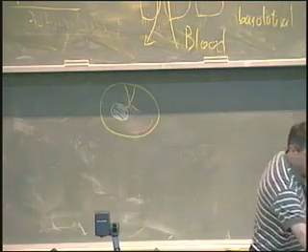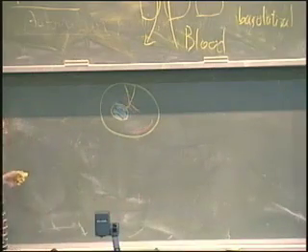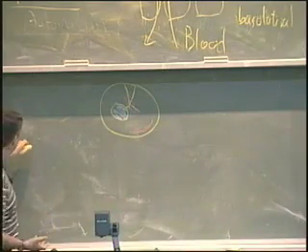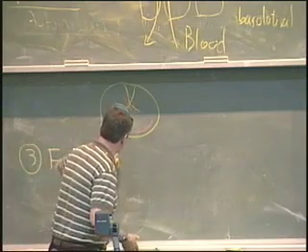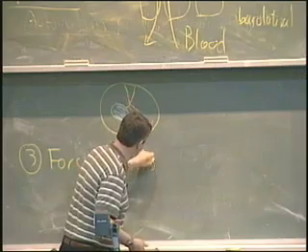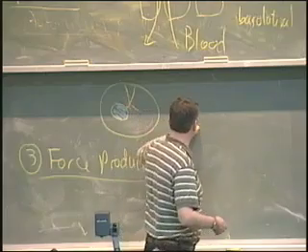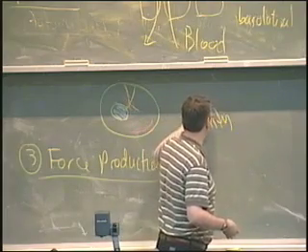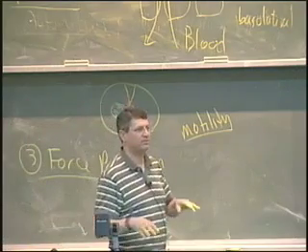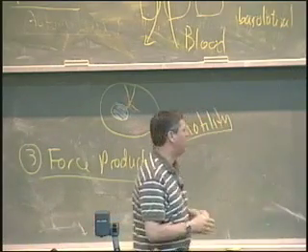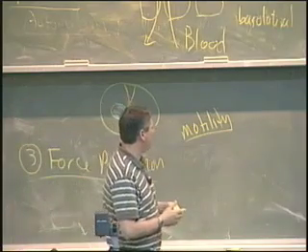The final general functional class, or role for the cytoskeleton, is in force production. So the cytoskeleton is important for motility of cells, and we'll learn a lot more about this. Actin is responsible for the crawling movement of cells, of animal fibroblasts or amoeba. Microtubules are important for swimming motions of flagella and cilia.